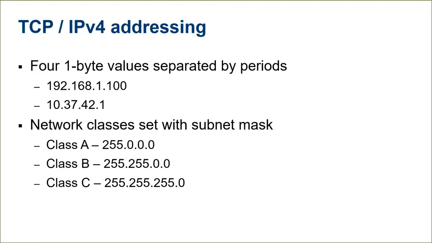That 24 represents the number of bits turned on in the subnet mask starting from the first octet, and is categorized as a Class C network, although classes aren't often used anymore in subnet masking. But for knowledge base, a Class B would be represented by a /16, and a Class A would be written by a /8.